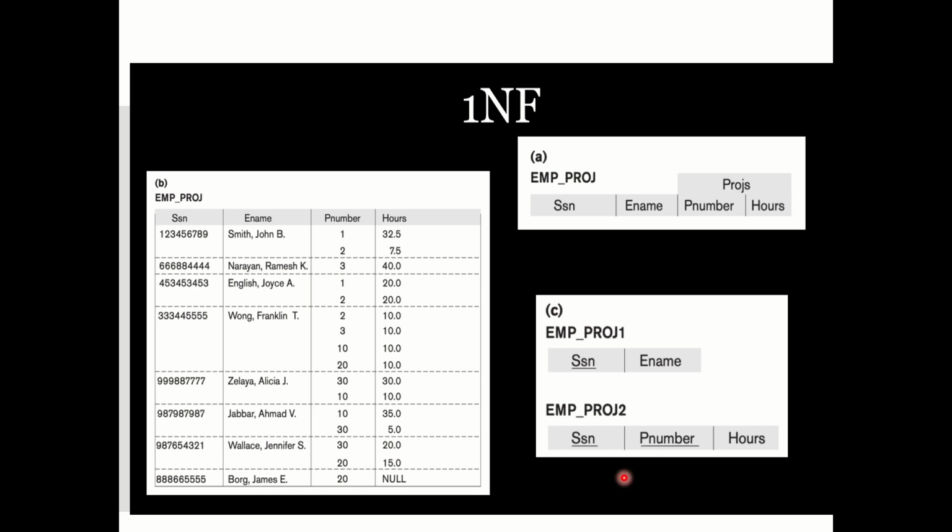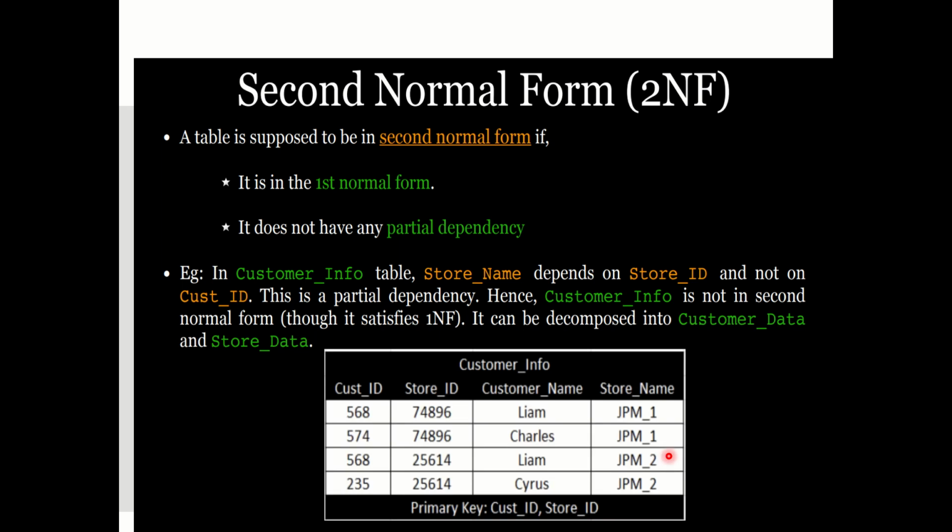Because this is your composite entity, and a composite entity means you will have composite keys. So you are dealing with such tables. Say after the first NF, you got a table with the composite entity. When you consider the composite keys, there could be other non-key attributes also. Some of the non-key attributes are only partially dependent upon your primary key. Then what could you do?